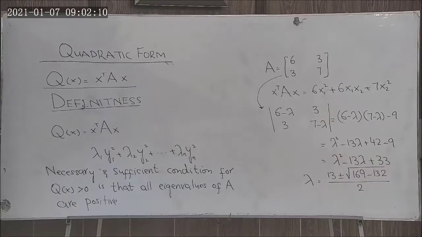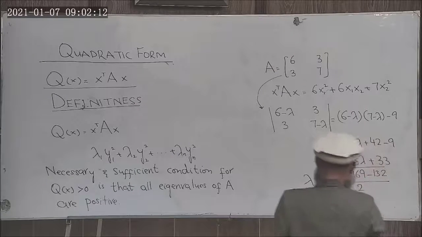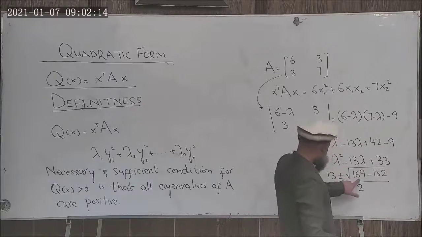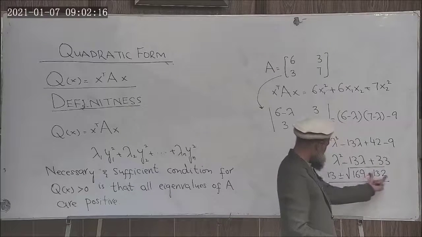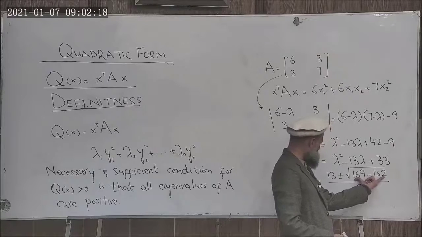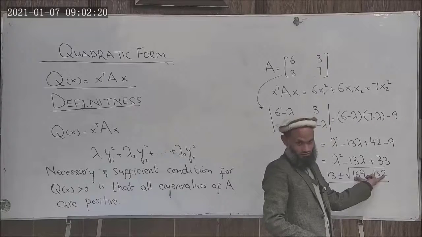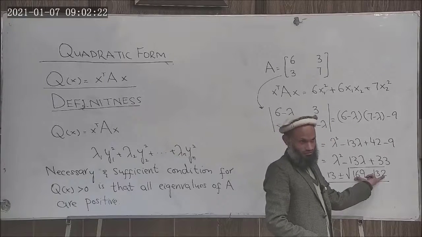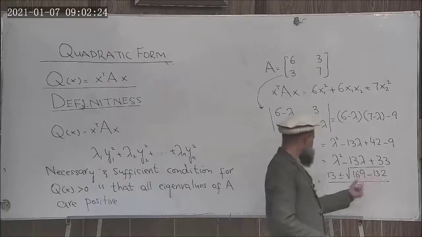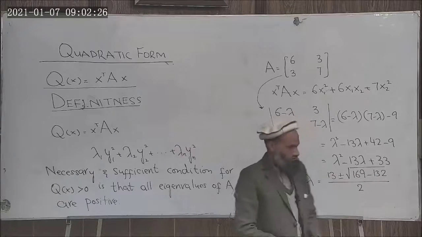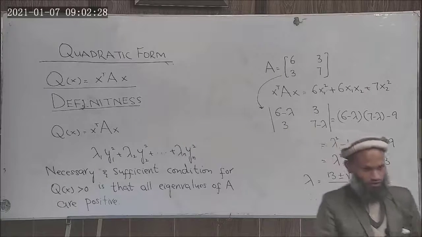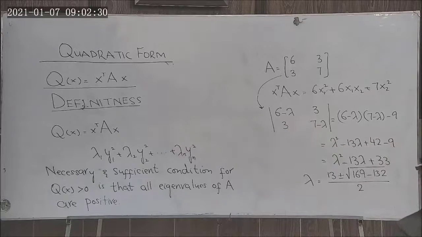Both are positive, because 169 minus 132 will always be less than 13, so the square root of this will be less than 13. So 13 minus some number will always be positive. So both the eigenvalues are positive, and hence this quadratic form is positive definite.